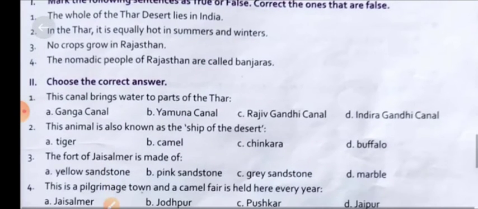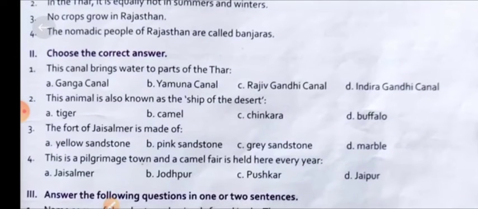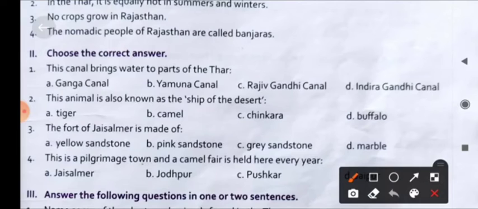Choose the correct answer. This canal brings water to part of the Thar. Which canal brings water to the Thar Desert? In this section, you are given 4 options and you have to choose the right option. So in this question, the Indira Gandhi Canal brings water to part of the Thar Desert.